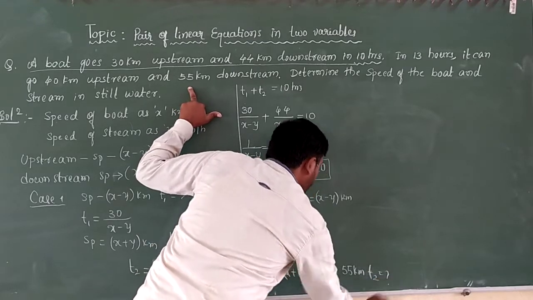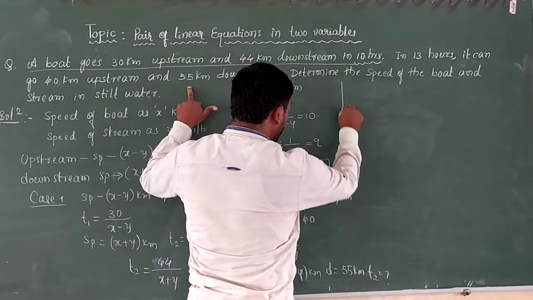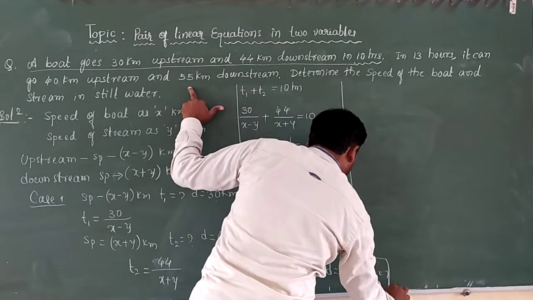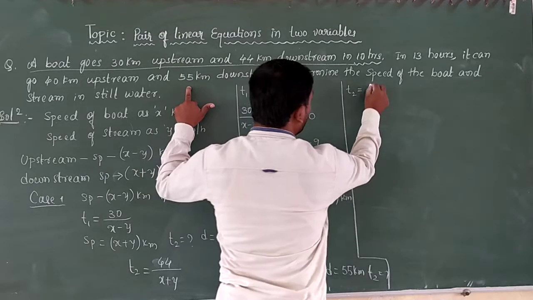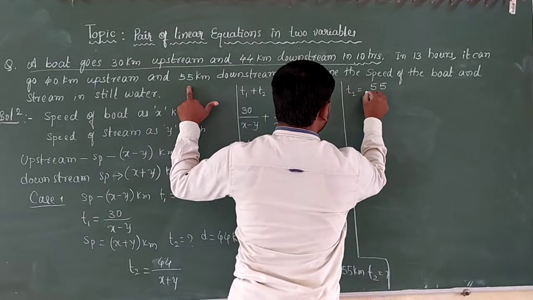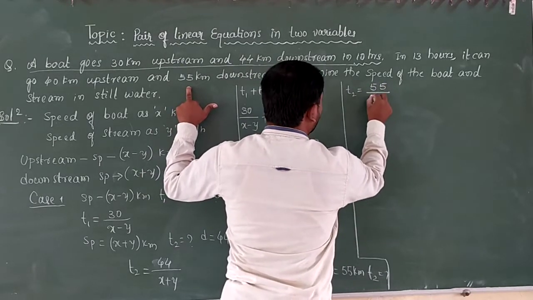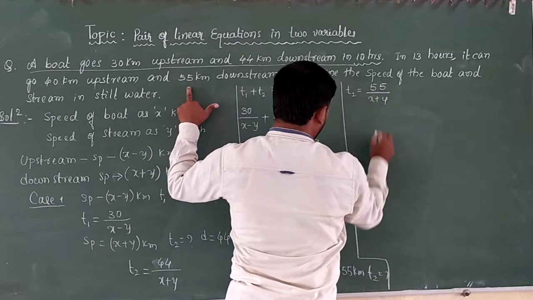So t2 is equal to distance divided by speed, that is 55 divided by x plus y.